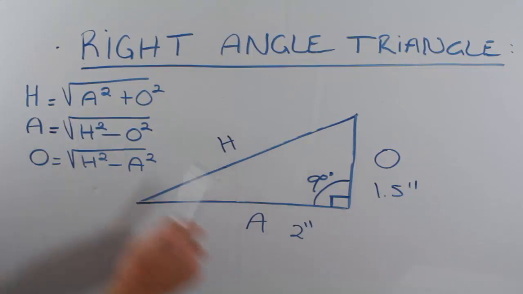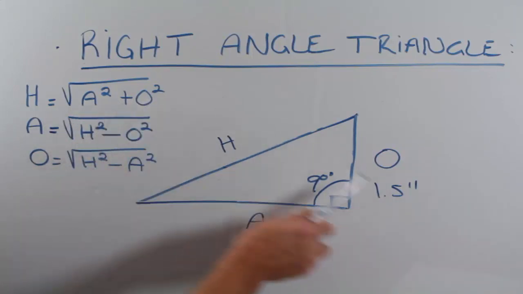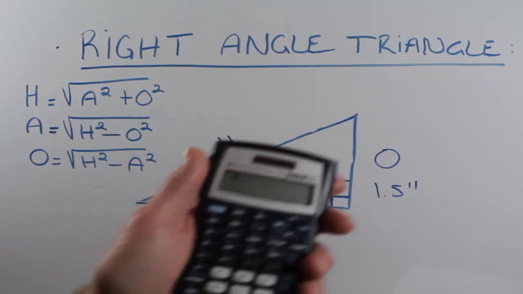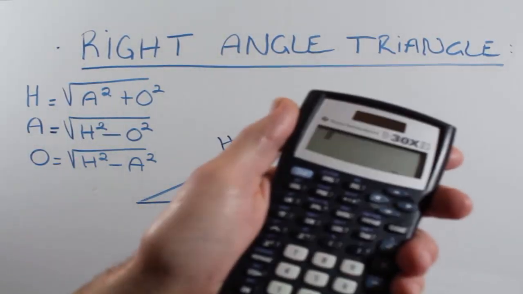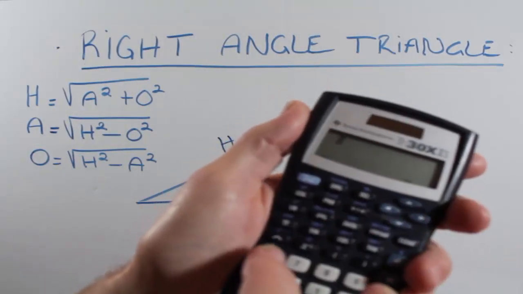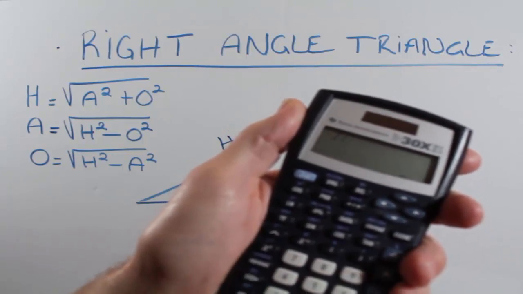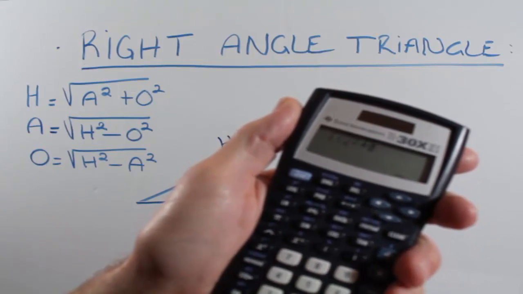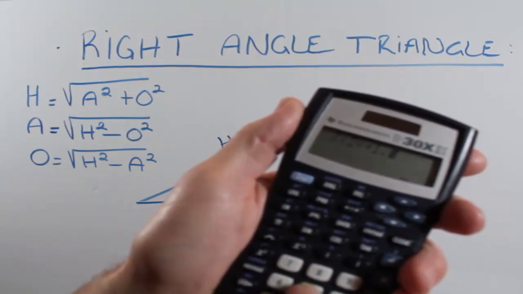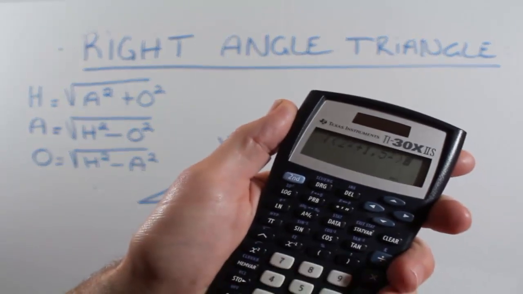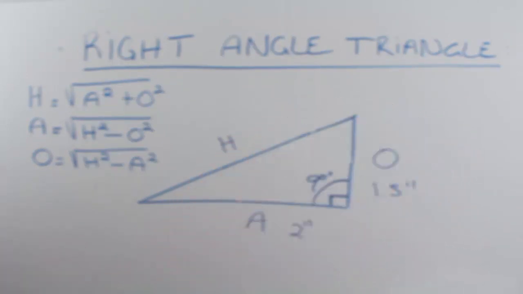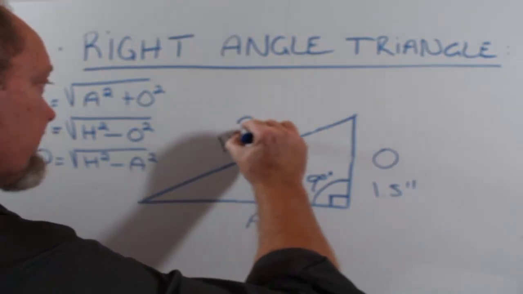So it's going to be 2 inches squared plus 1.5 inches squared. Alright, so let's plug that into our calculator. So we take the square root of 2 inches squared plus 1.5 inches squared equals 2.5 inches. So H is 2.5 inches.